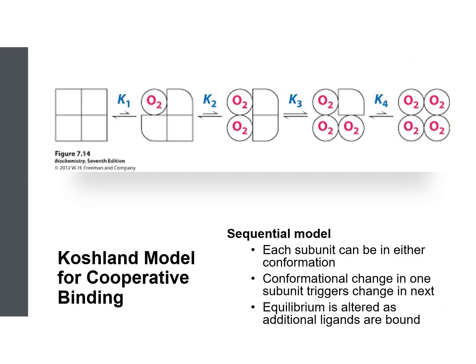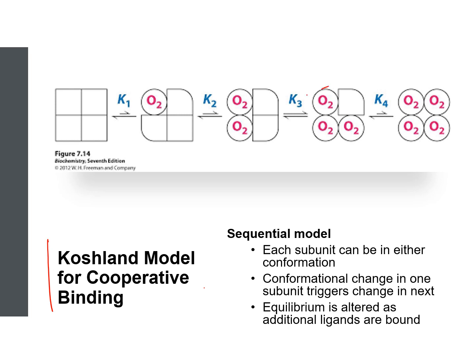The model that may make more intuitive sense to you is something called the Koshland model for cooperative binding. And this means that upon the binding of oxygen, yes, we will provoke a transition from the T state to the R state, but it's not all or nothing. We may just provoke a transition from the T state to the R state in 1 additional site or 2 additional sites.